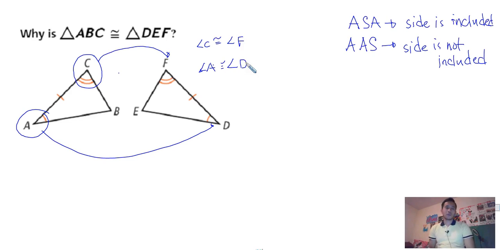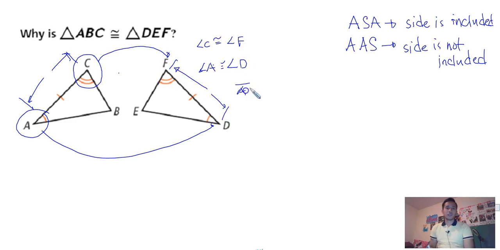In this example, they are congruent because this segment here, segment AC, is congruent to segment FD, which is also their corresponding side.